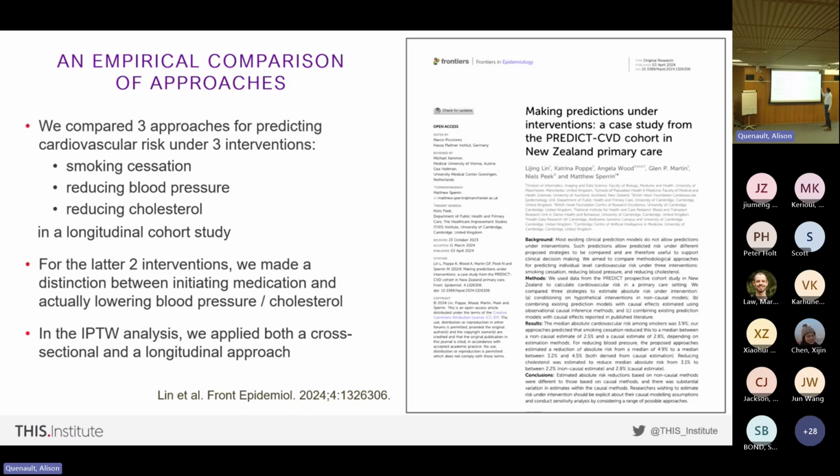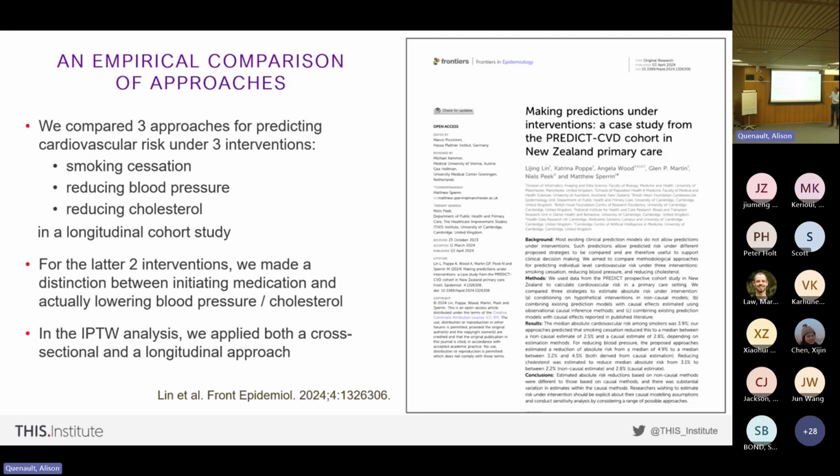We had to use this cohort and we couldn't use UK data because we needed longitudinal data on lifestyle. And we typically don't have that in UK data, but this PREDICT cohort from New Zealand has that. So what we did in this study is use these 3 approaches and compare them to predict cardiovascular risk under 3 interventions: smoking cessation, reducing blood pressure, and reducing cholesterol.